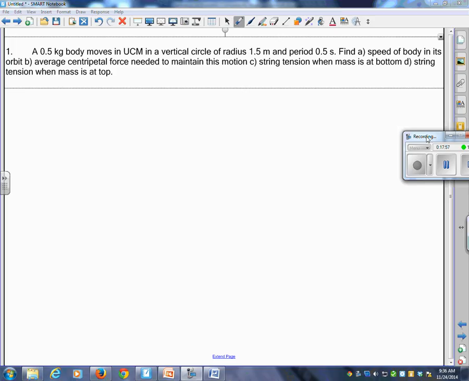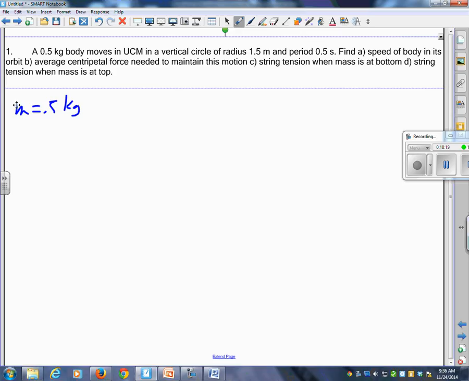Okay, so we've got a mass of 0.5 kilograms. It's moving in UCM in a vertical circle. Now, a bit of a misnomer there. Is it technically uniform circular motion? Well, not really, right? But it's moving in circular motion. I'm not going to call it VCM, varying circular motion, I guess. But it's a vertical circle.